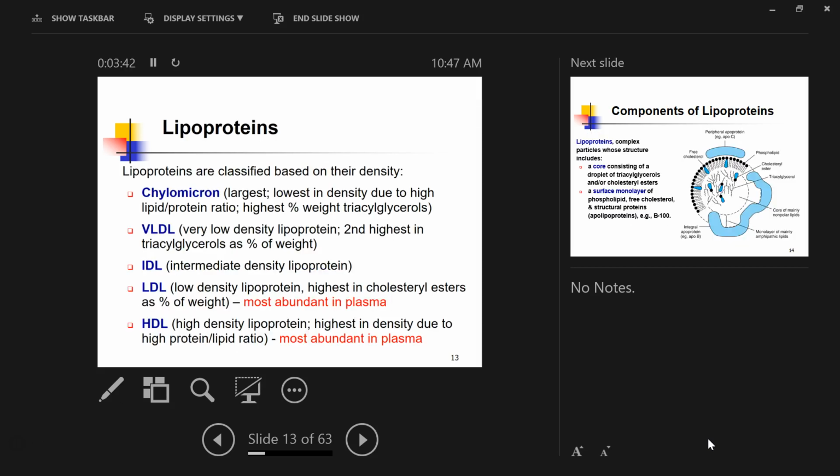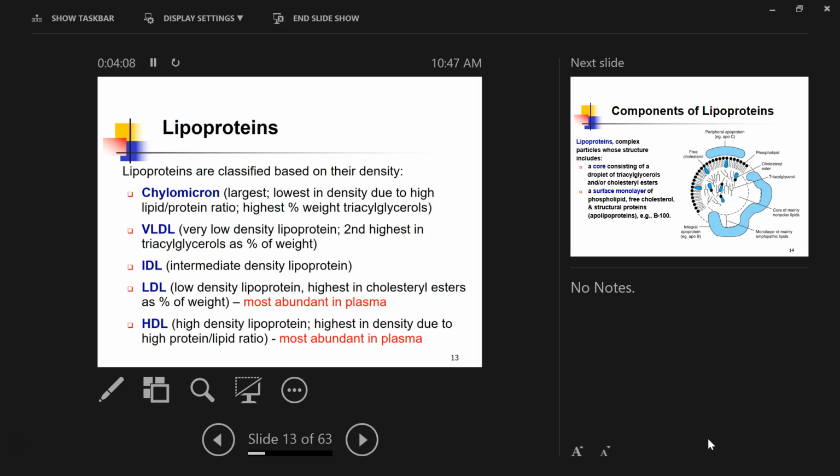Now let's talk about the lipoproteins. We mentioned them a couple of times when we talked about the transport of triglyceride from the small intestine, or from the liver to fat tissue. So lipoproteins, have you heard about this, I think in whatever class that you had before.